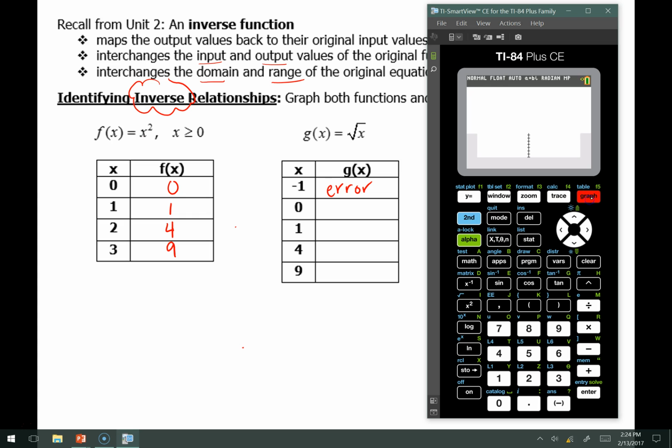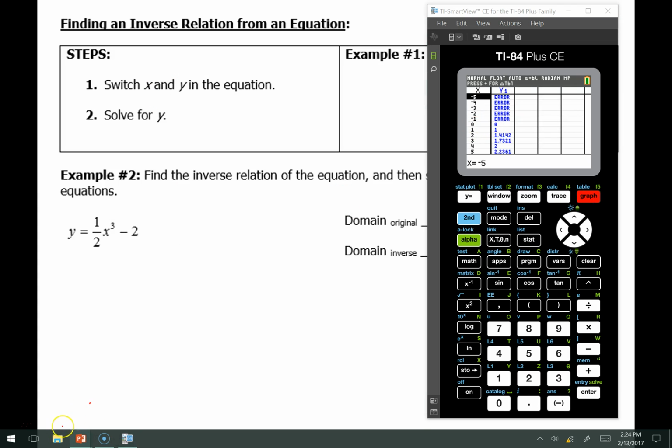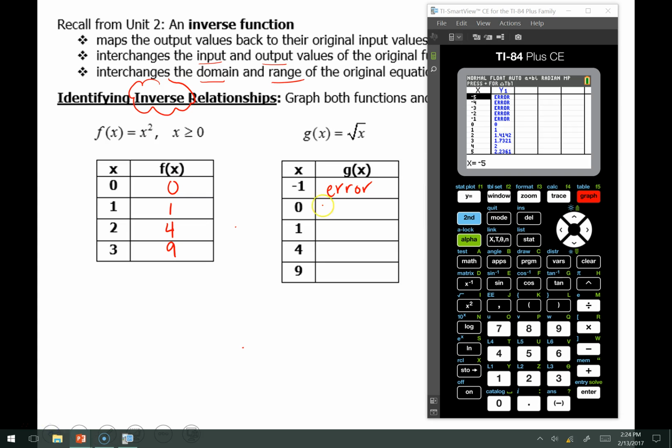So going back to my table now, at 0, I have 0, 0. At 1, I have 1, 1. At 4, I have 4, 2, and if I scroll all the way down to get to 9, I have 9, 3.